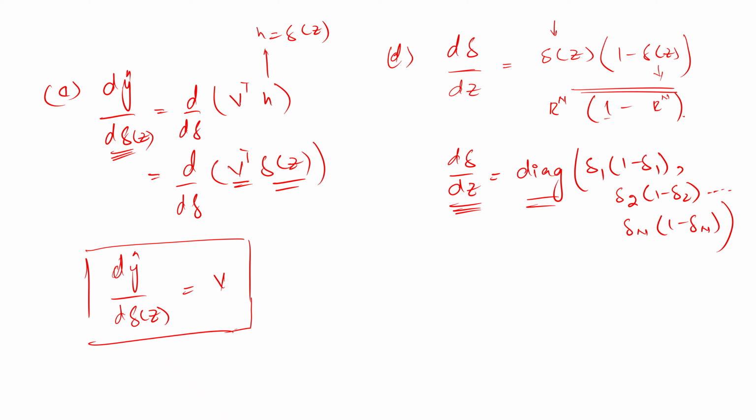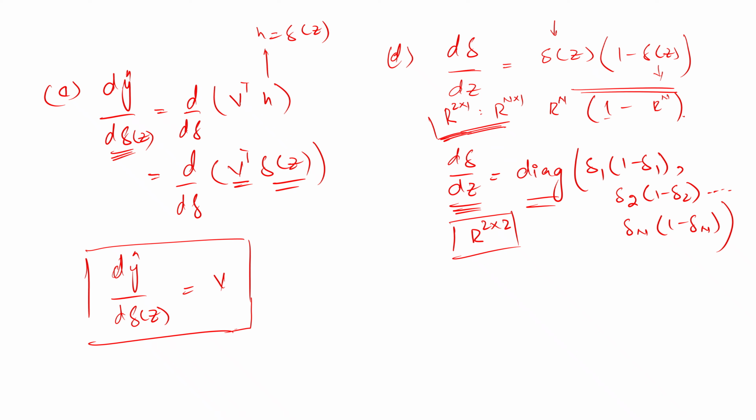For two inputs and two neurons, the dimension will be R 2 cross 2. And here we saw that the dimension was a vector dimension, so for two neurons it will be 2 cross 1, or for n neurons n cross 1.